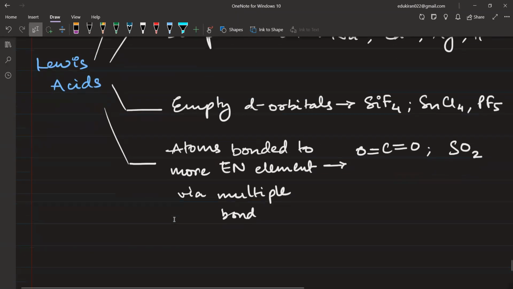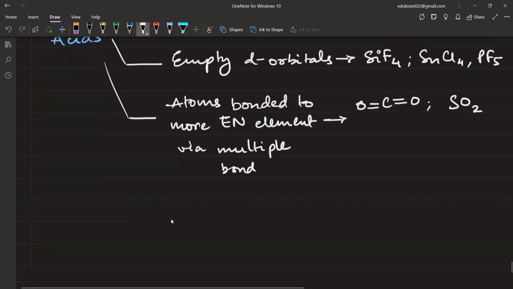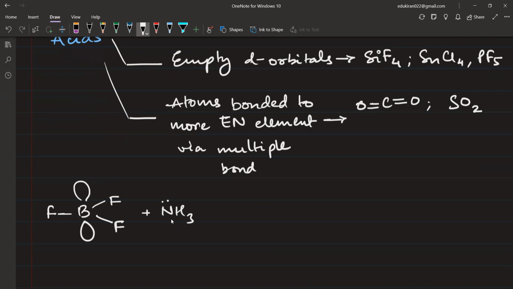Write one or two examples in this, then we can conclude this. For example, you had BF3, okay? So in BF3 you have 3 fluorines and a boron atom, plus you have NH3. NH3 is going to act as a base, Lewis base, and BF3 will act as an acid. Why? Because it has a vacant orbital and nitrogen can give the electrons here.